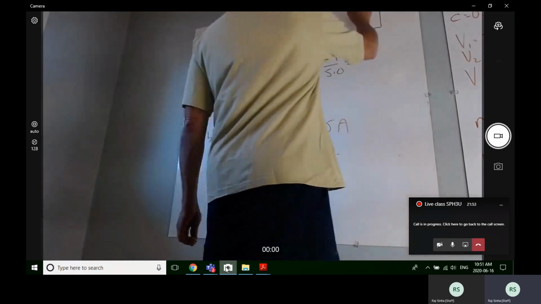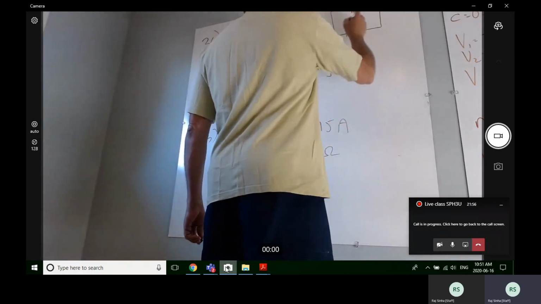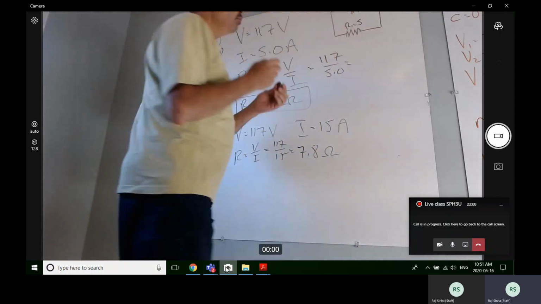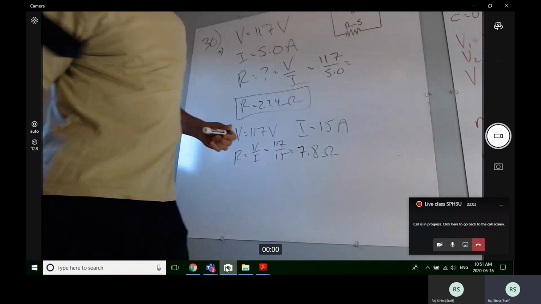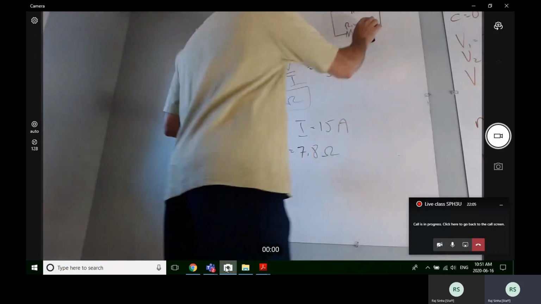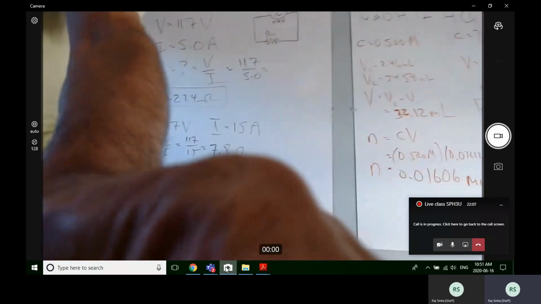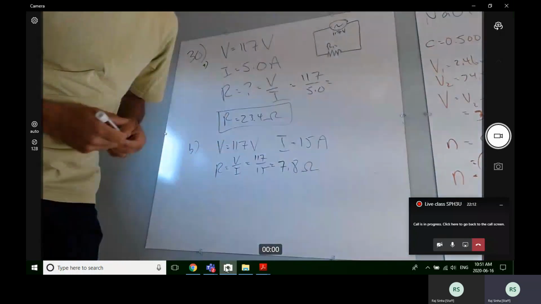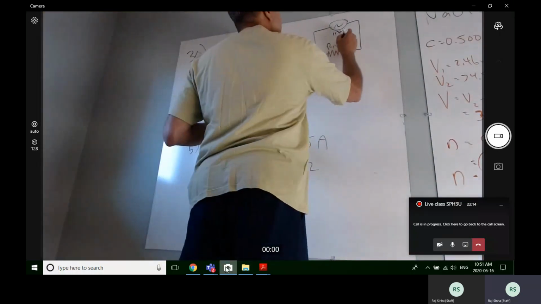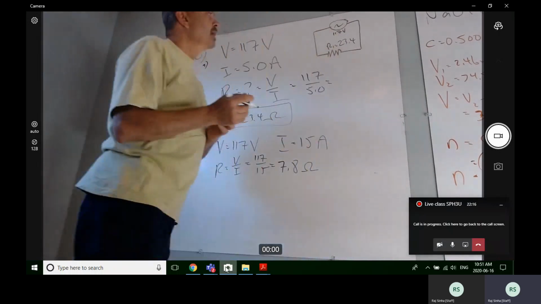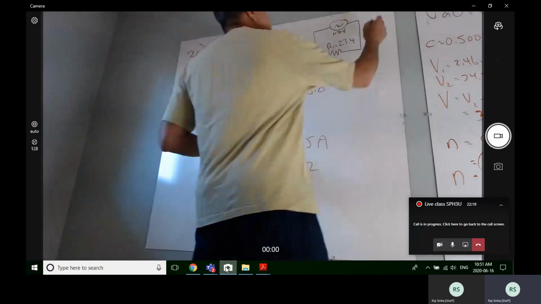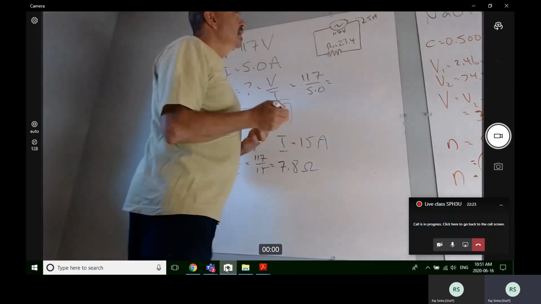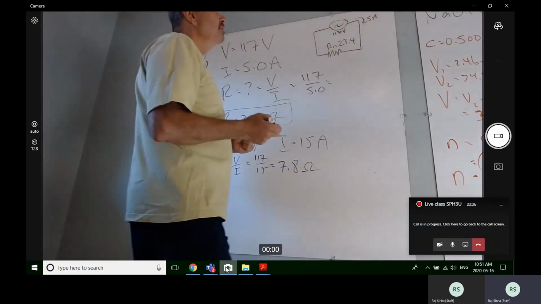And I know that it's a 117 volt source, that I have R1 here, which is 23.4 ohms. Okay. And my current was 5 amps.